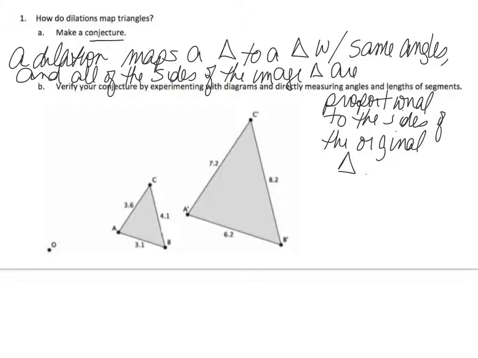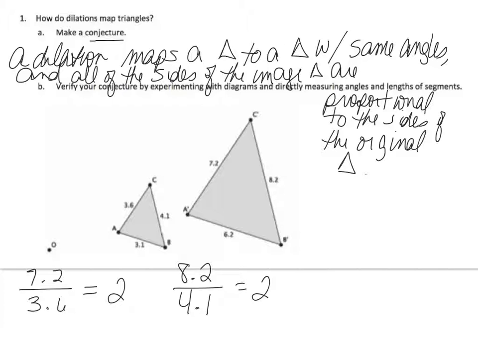We have 2 triangles here. If we look at these 2 triangles, I can check the sides of the triangles with the image and the pre-image. It looks like I went bigger, so I'm going to put the larger number over the smaller number, and let's see what my proportions are. Looks like that one's 2. Let's check the next one. That's also 2. That's good.